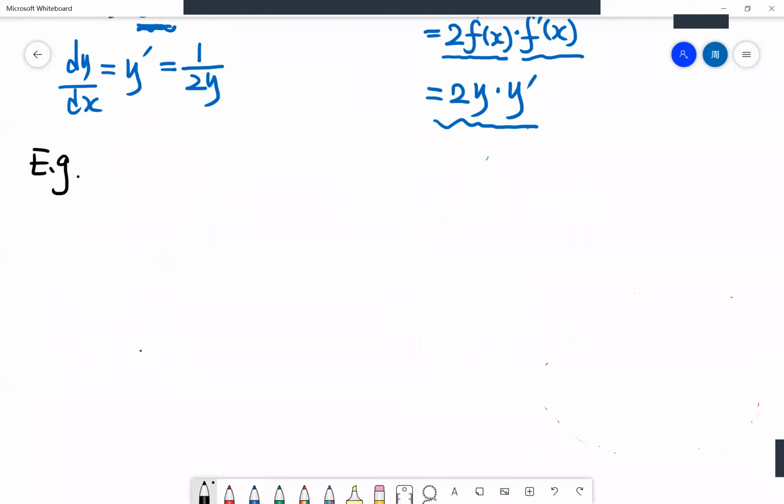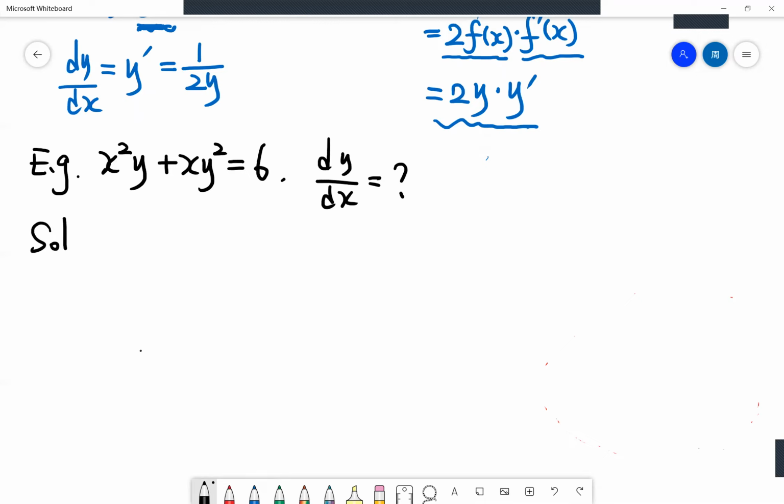Okay, if the implicit function is x squared y plus x y squared equals 6, what is dy by dx? You should know that we differentiate the function on both sides.